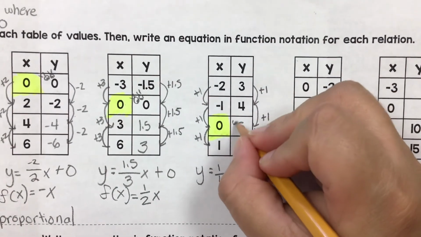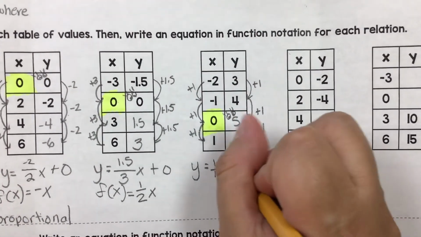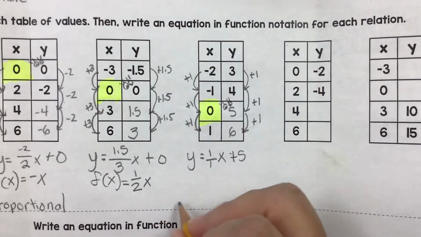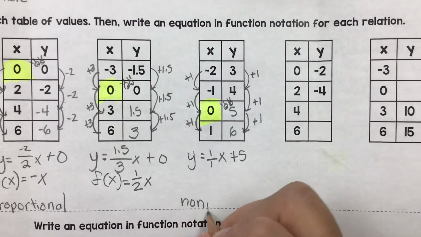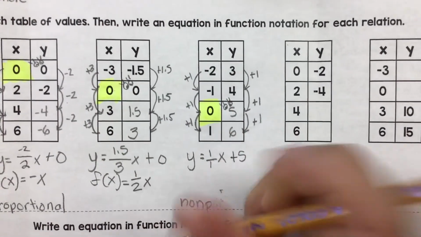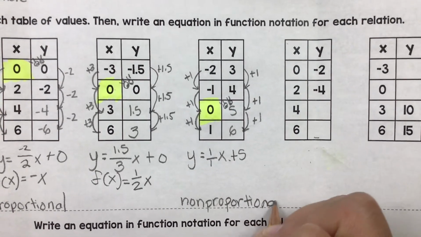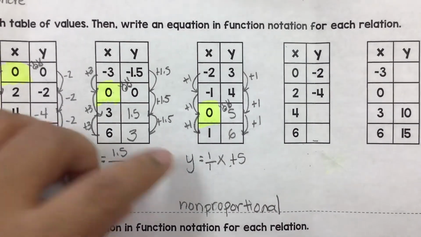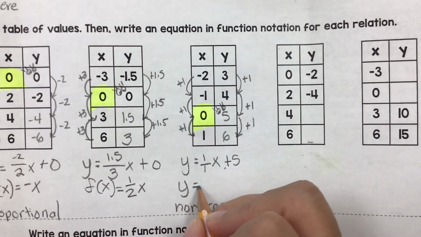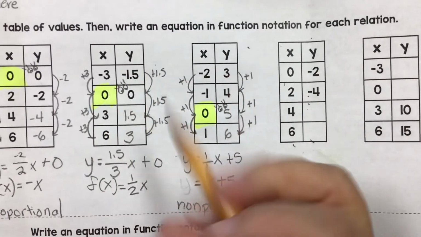And we write down this one right here. This is what we're going to write down, plus 5. This is enough to know that this is non-proportional. But to write it in function notation, we actually don't need to write the 1 over 1. We have y is equal to x plus 5. Oh, function notation, sorry. That's f of x.